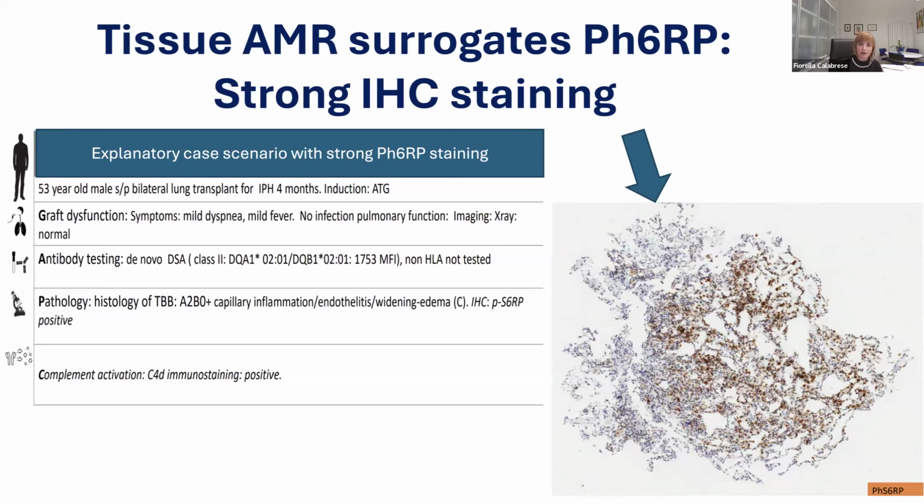Interestingly, at histology, we detected a complex immunological disorder: acute cellular rejection A2, plus suggestive signs of AMR. And in this case, we detected both tissue AMR surrogates positive, C4D and phospho-S6 ribosomal protein.